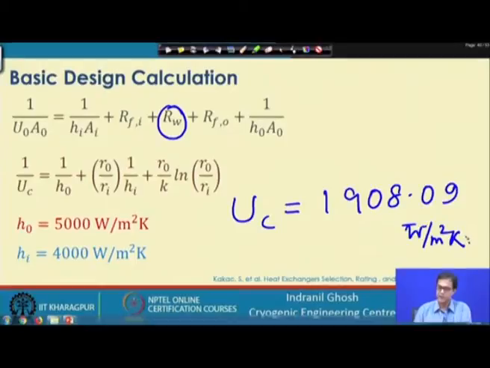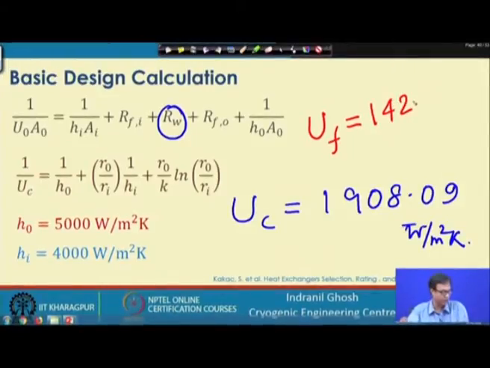So, you can understand that this is in contrast to our earlier value, where we were considering the fouling resistance, and that was appearing as 1428.4 watt per meter square Kelvin.